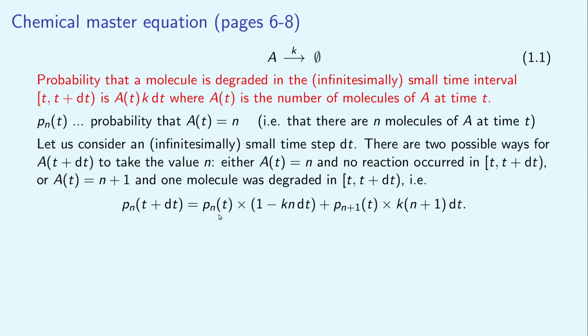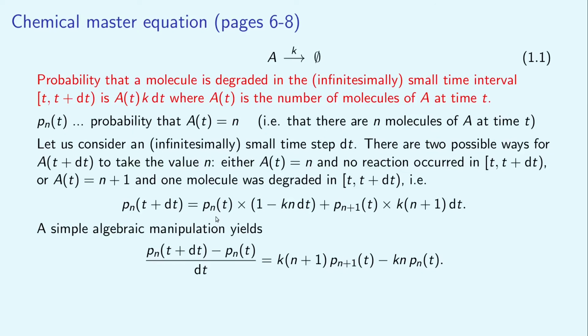Either A was equal to n with probability p_n(t) and no reaction occurred in the time interval t, t plus dt, with probability 1 minus k n dt. Or there were n plus 1 molecules of A at time t and one molecule was degraded in the time interval t, t plus dt, which happened with probability k times (n plus 1) times dt.